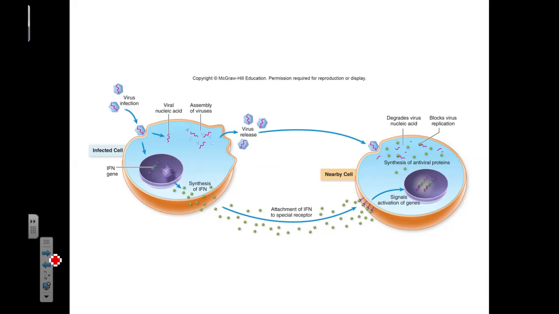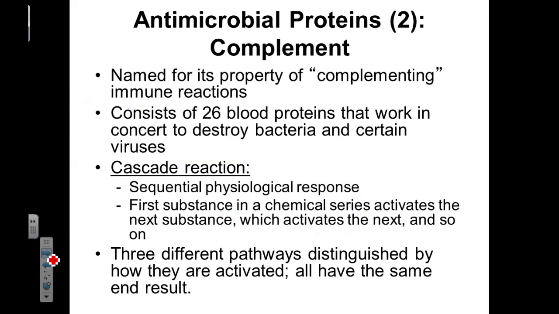So as I poorly drew on the slide previously, you can see a virus getting into the first cell. That first cell is going to have viral nucleotides in it, and that first cell will start secreting interferon molecules that can travel to the nearby adjacent cell, and that nearby adjacent cell, in response to those interferon molecules, will destroy any viral RNA that gets into it, preventing the translation and transcription of viral proteins.